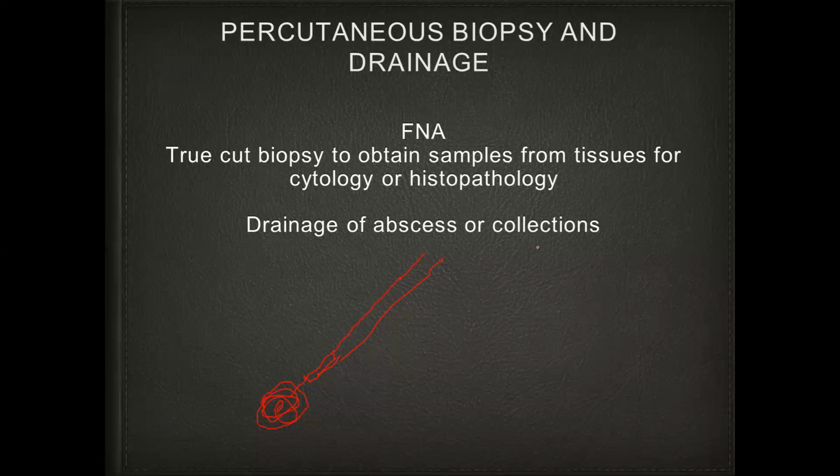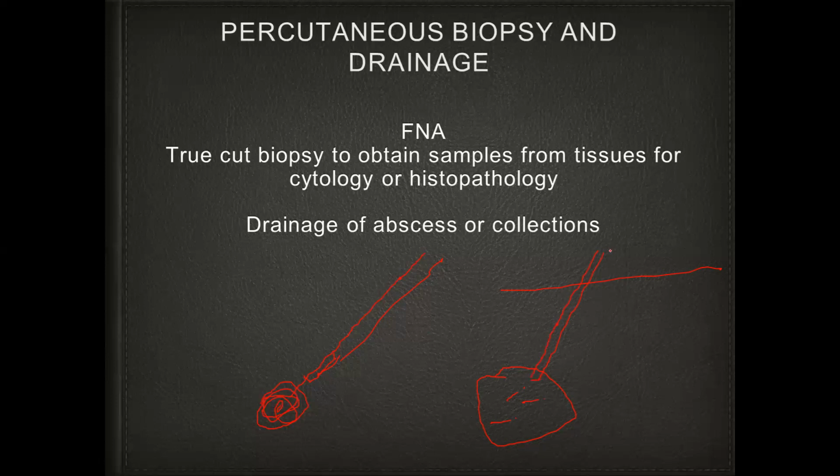Drainage of abscess or collections, the principle is the same. So if we have a collection here, for example, containing pus, through the skin we can put a needle there. The tip of the needle should be inside the collection.